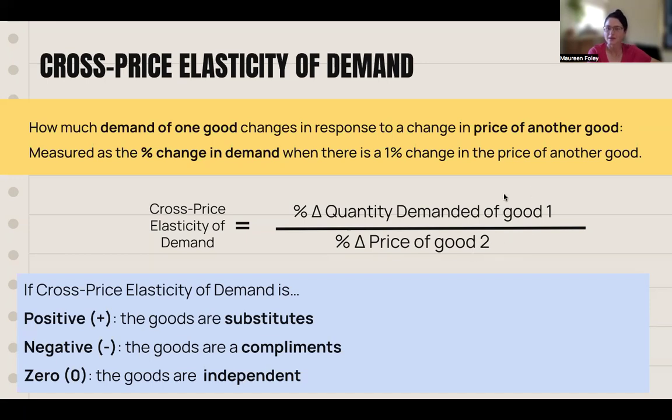And if it's a complement and they go together, they're also buying less of good one. So if it's a negative number, those goods are complements. If it works out to be zero, then that means that good one and good two don't really have anything to do with one another economically. The price of one doesn't affect the quantity of the other. So that's cross-price elasticity of demand.